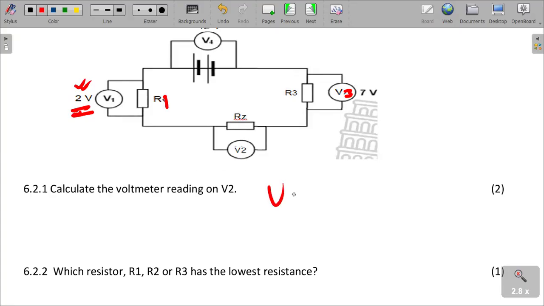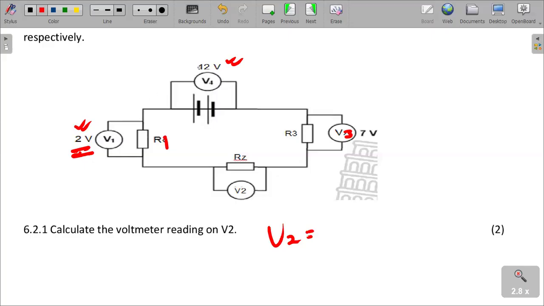Our V2 is equal to 12 volts minus our V1 and V3. So 7 plus 2 from 12.